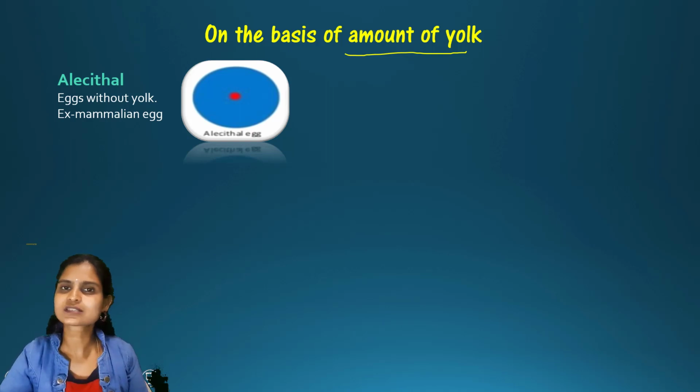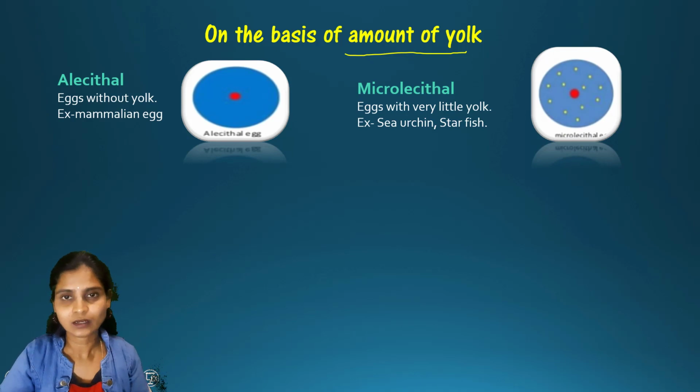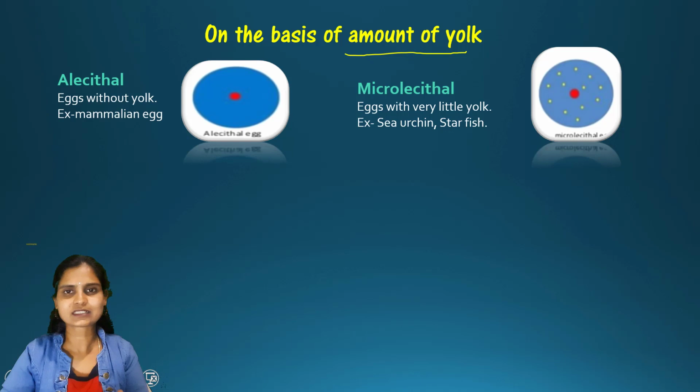It is seen in case of mammals, for example human beings. Next one is microlecithal. Micro means less, so very little yolk will be present. Examples are sea urchin as well as starfish.